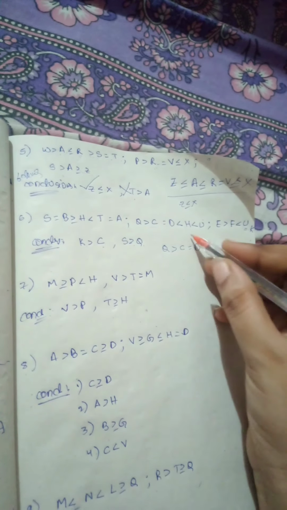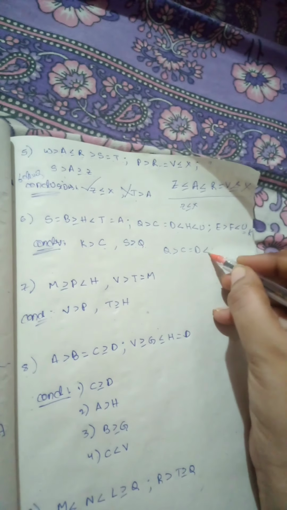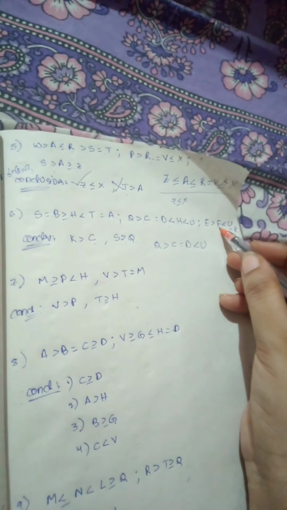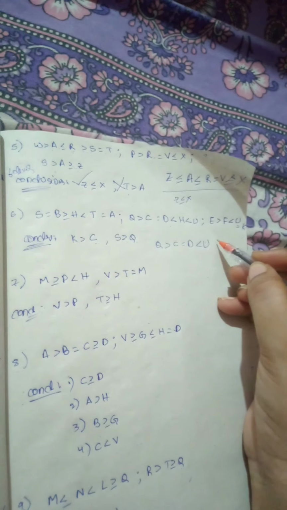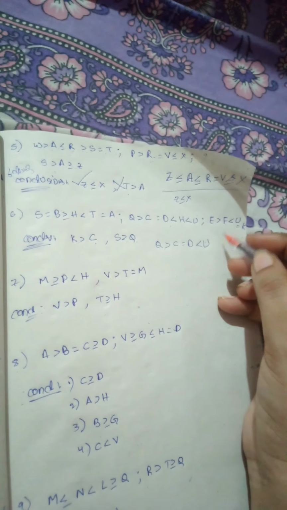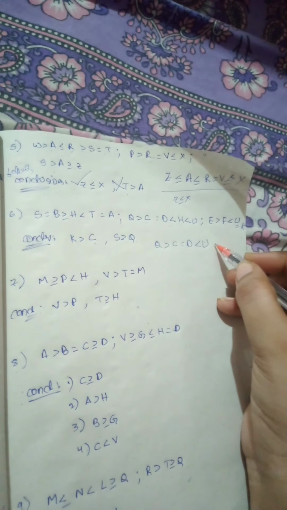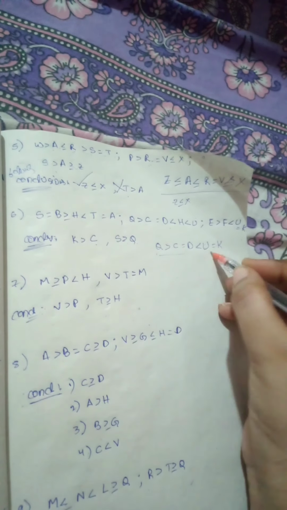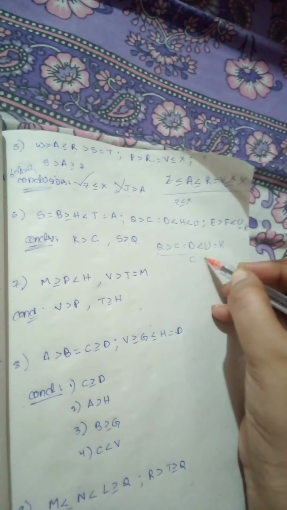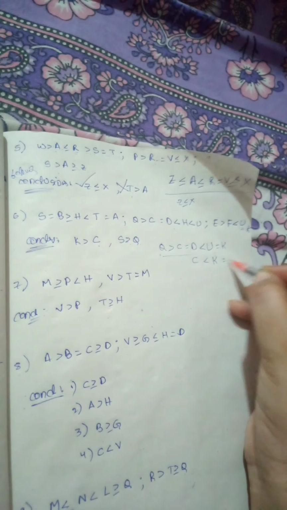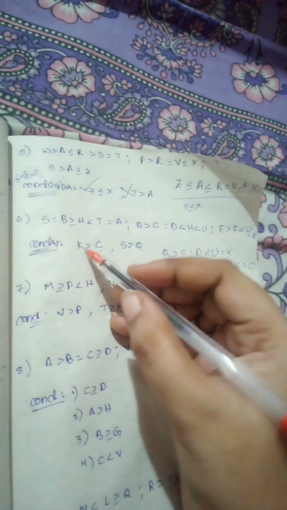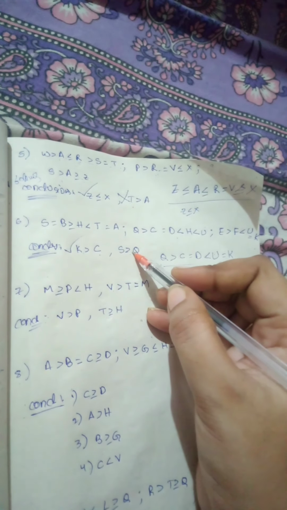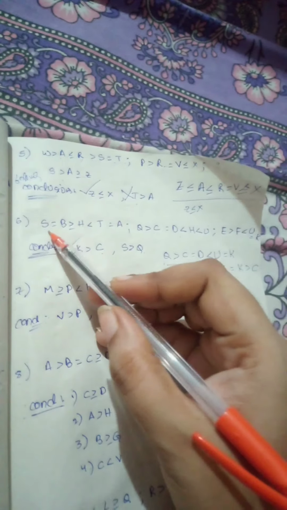Next, from the second, d is less than h, that means d is less than u. From the third expression, u is equal to k. So from this expression, c is less than k. That means k is greater than c. So first one follows.